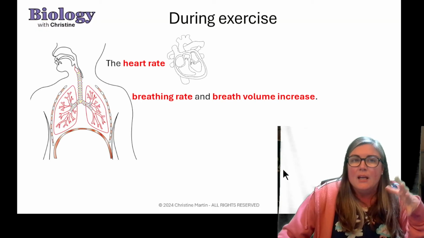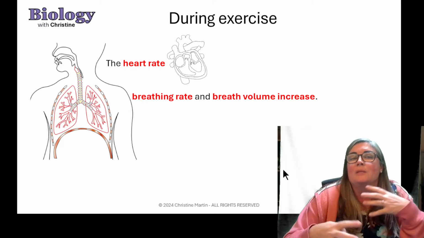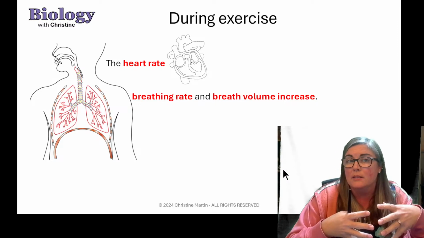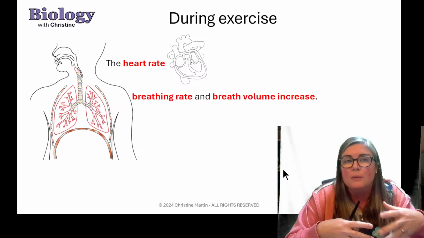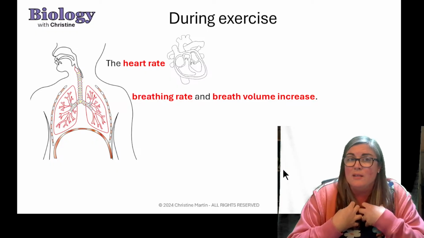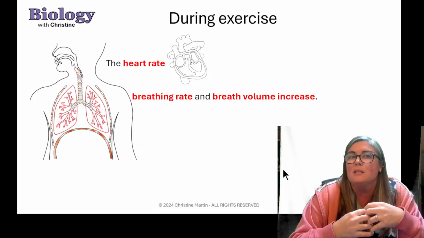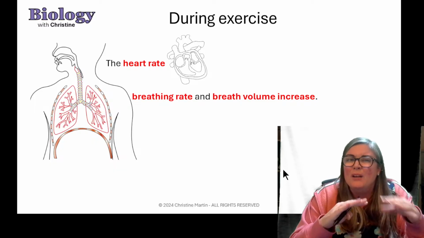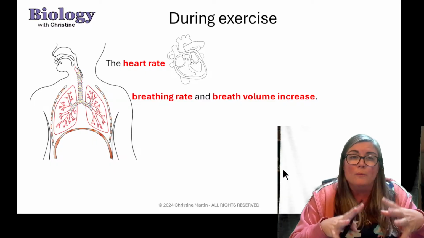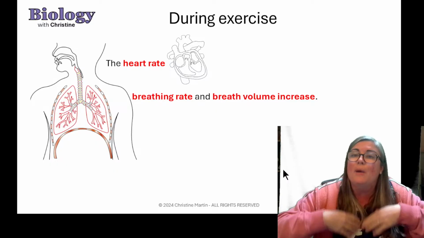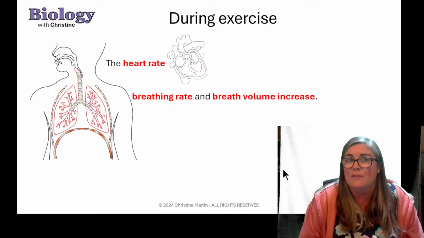Now, during exercise, you know that your blood is being pumped around by your heart. So your heart is going to be squeezing and pumping the blood around the body. I'm breathing right now, so I'm at rest. When I'm at rest, my breathing rate should be at about 16 to 18 breaths per minute. Now, my breath volume is to do with the amount of space I have in my thoracic cavity.